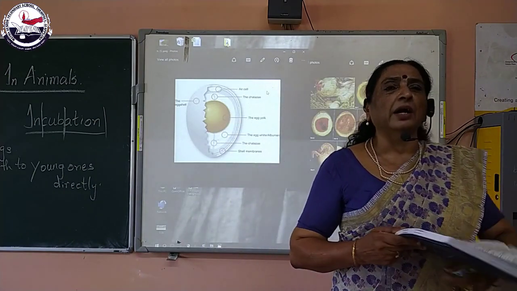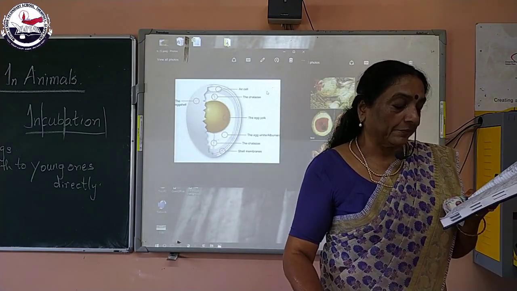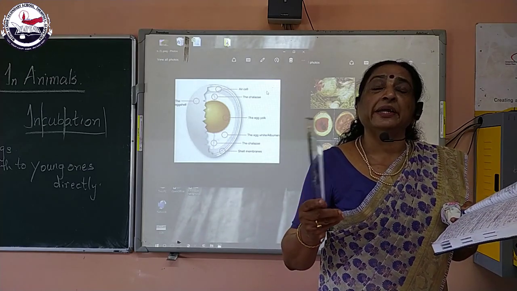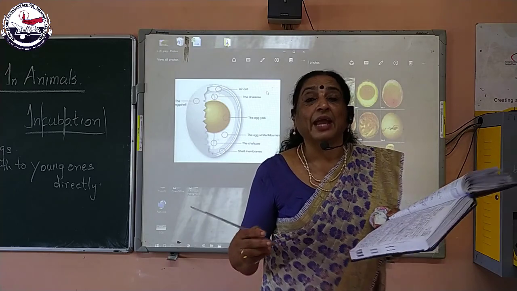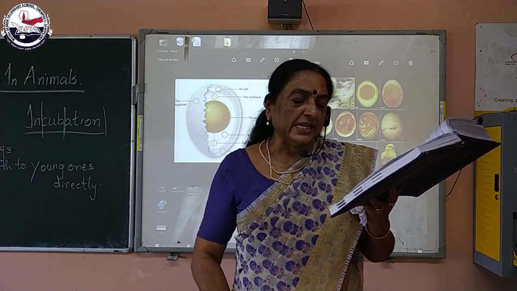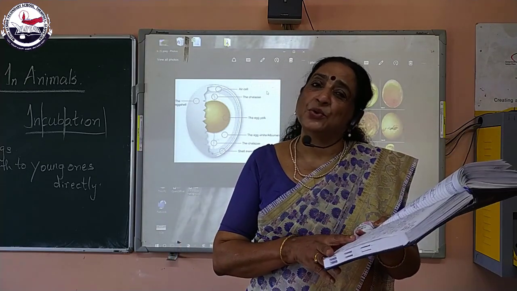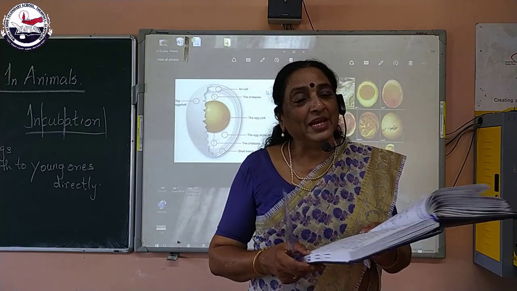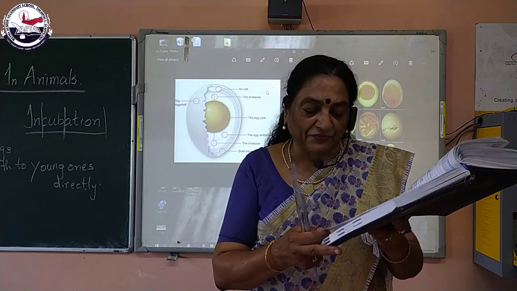Now, what is called hatching? Now, see, I told you the growing bird gets the food from the yolk. Chicks are not able to fly, and the father and mother birds take care of them, give them food and feed them.